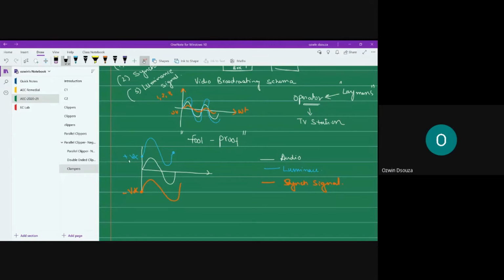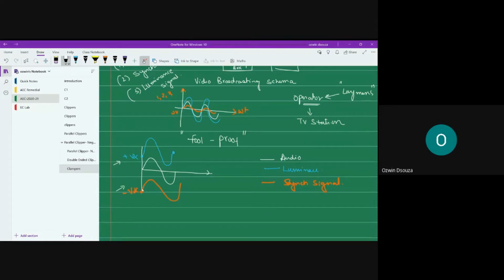For proper sync, there will be a fixed plus VDC level and minus VDC level. If the signal drifts from these levels, there will be syncing issues.